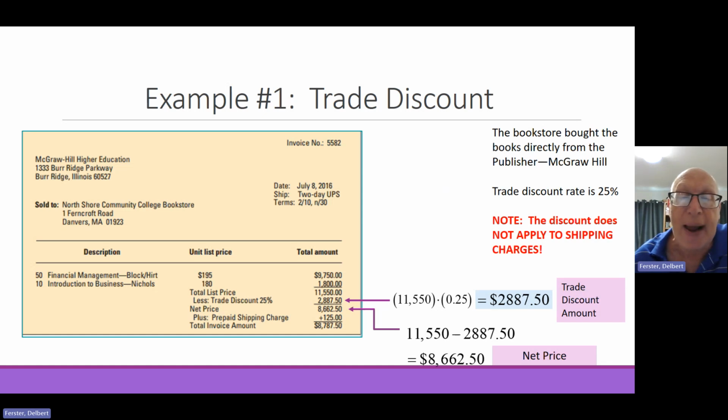So you see that subtraction away to generate the net price of $8,662.50. It's worth noting that when you consider trade discounts, they are not applicable to any freight charges. So the freight charges then got added in later to find the total invoice amount at $8,787.50.